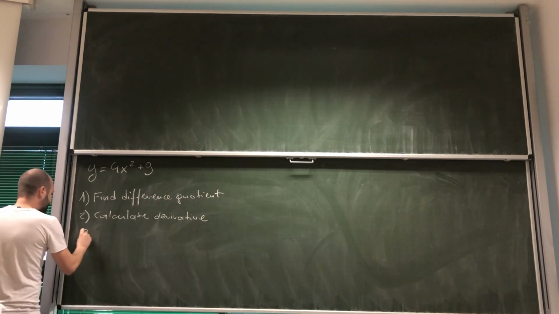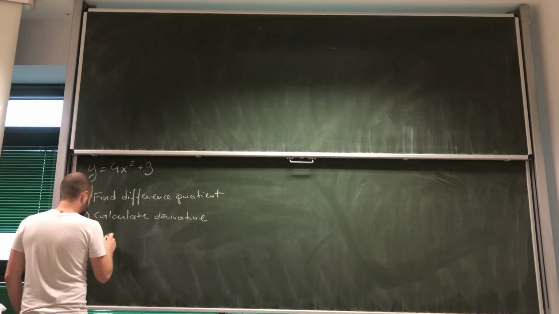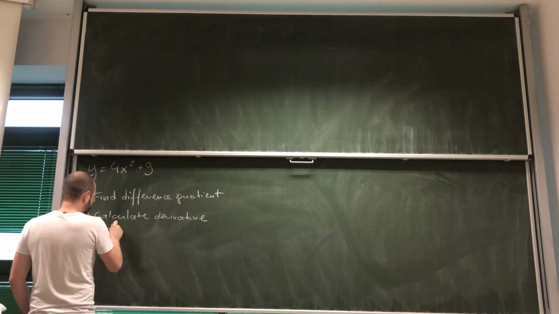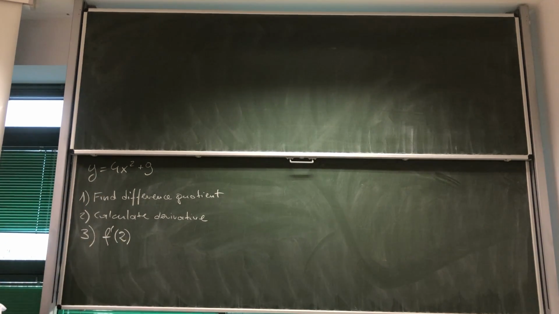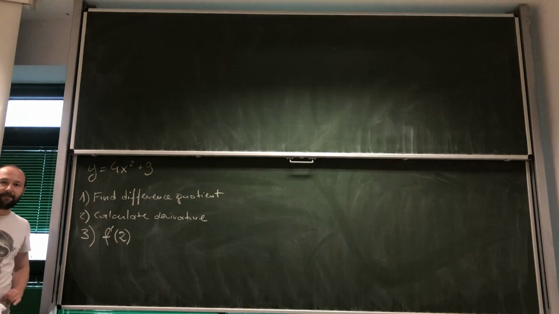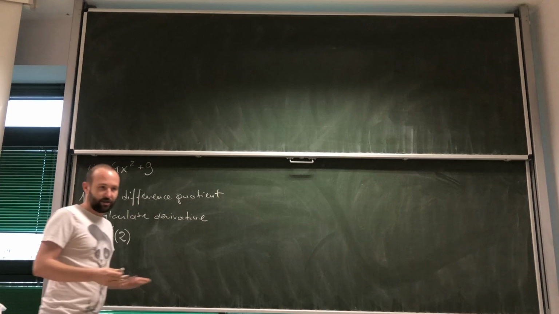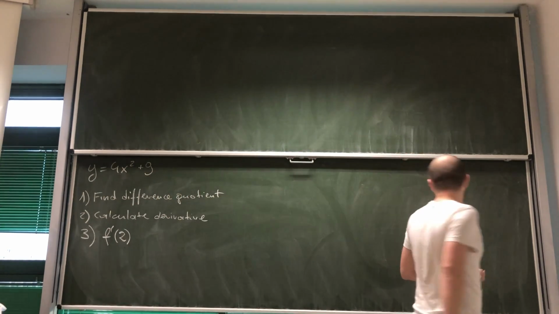And then in point 3, find the value of derivative when x is equal to 2. And look, this last point actually shows in which situation using Lagrange notation is better.